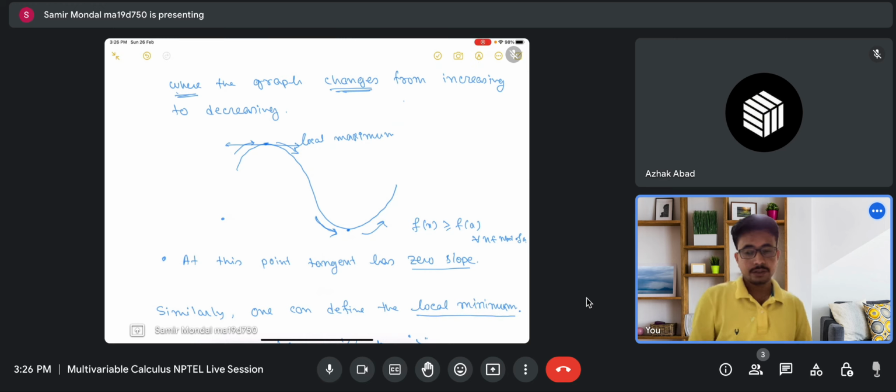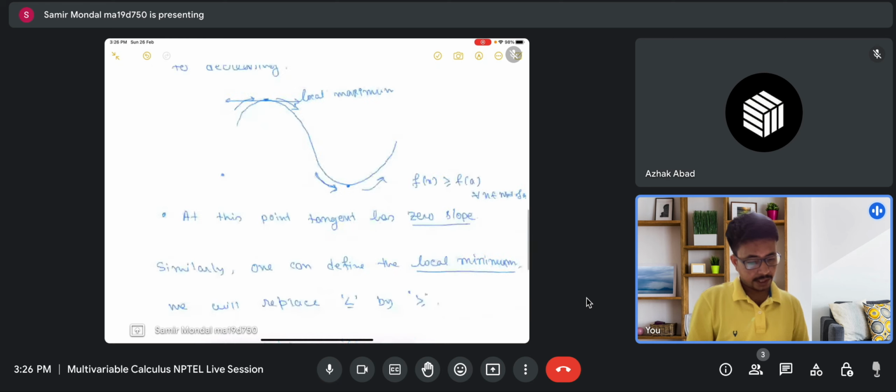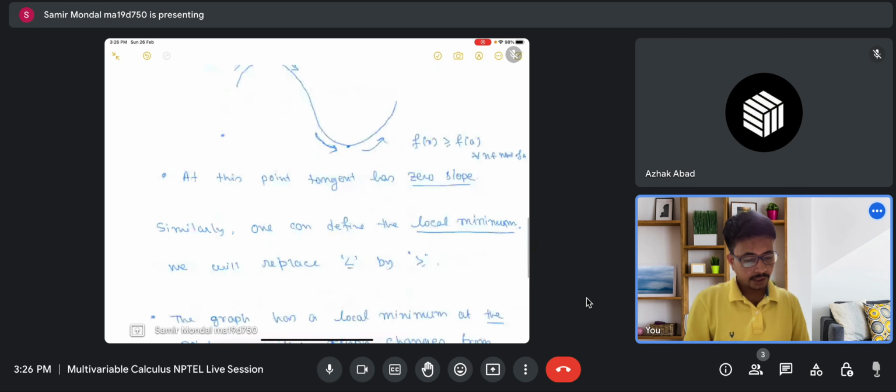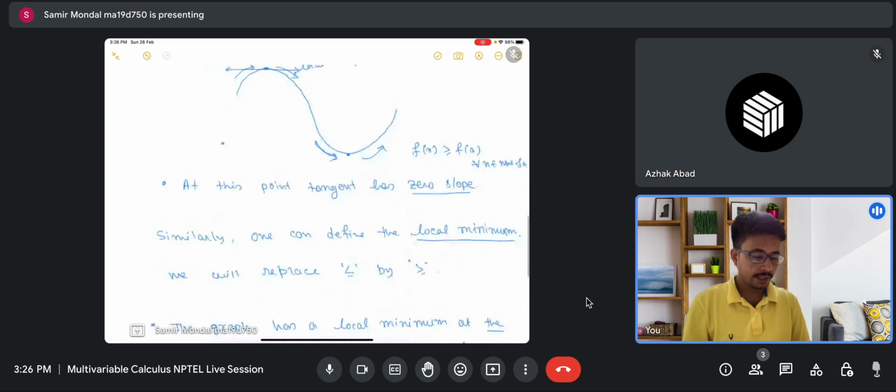Another thing we can observe is that if you draw a tangent at this point, the slope of this tangent is also 0. So at the point of local maxima and at the point of local minima, the slope of the tangent at that point is 0.